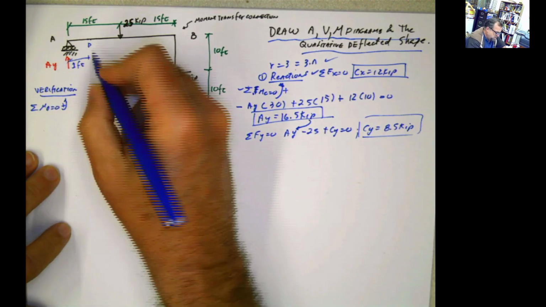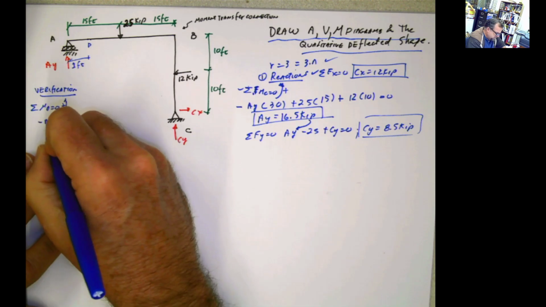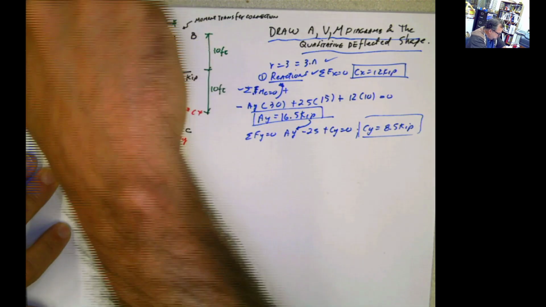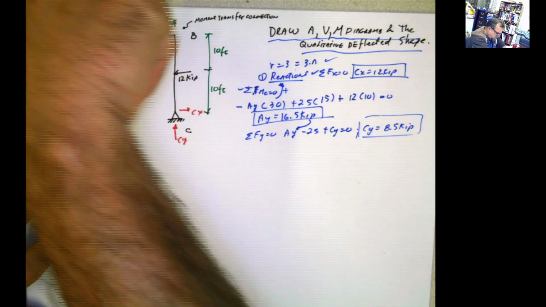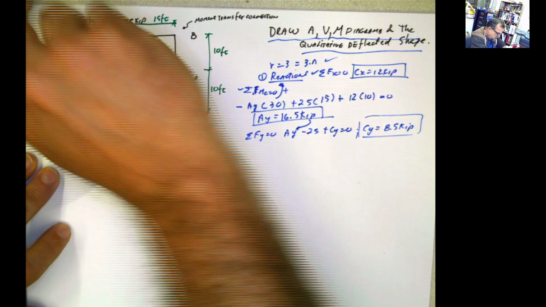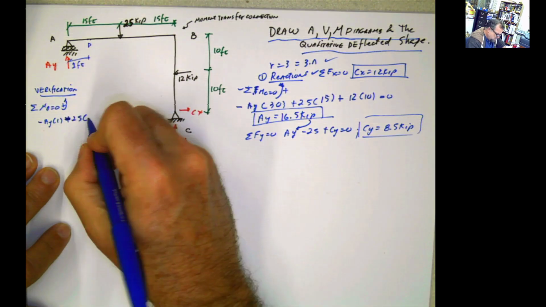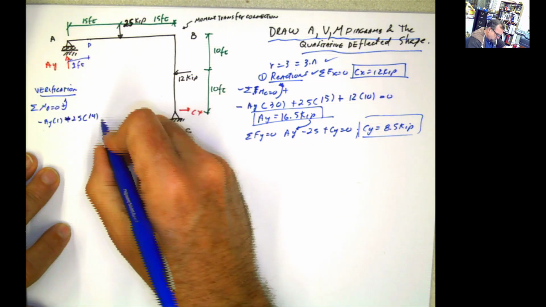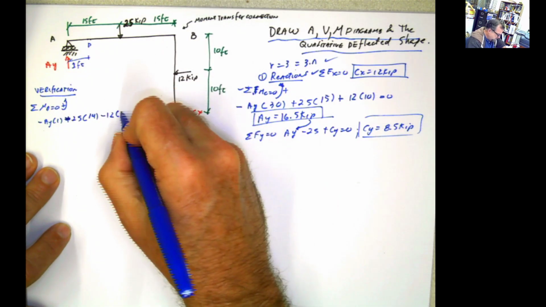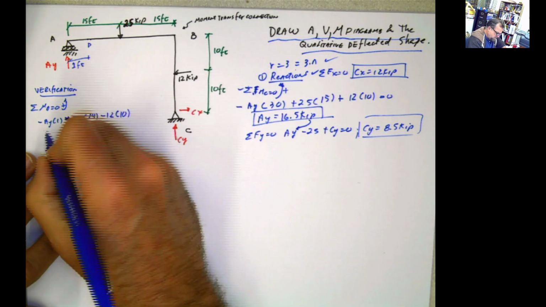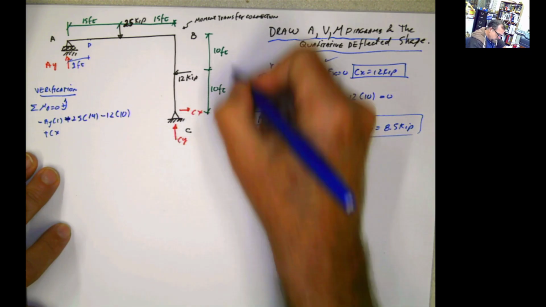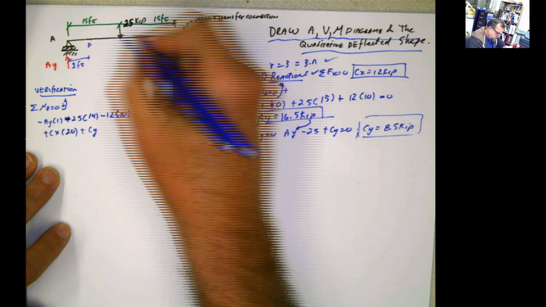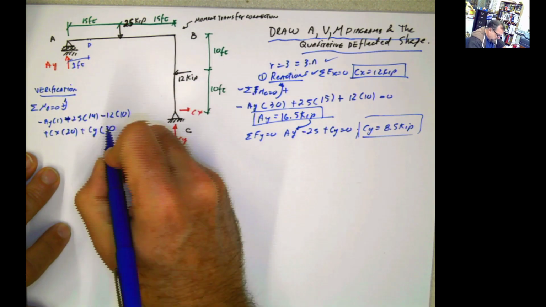Summation of moments at D equals 0. So then you have negative AY times 1, minus 25 times 14, minus 12 times this height, which is 10, plus Cx times 20, and plus Cy times 29.